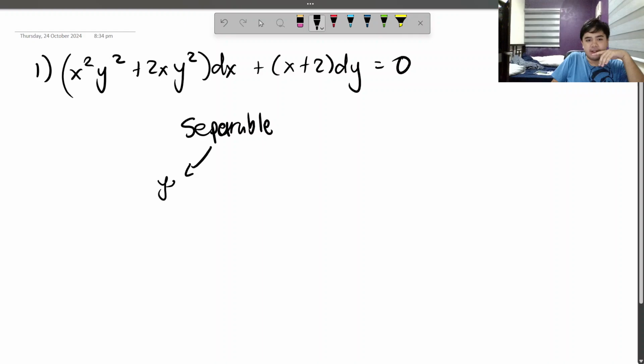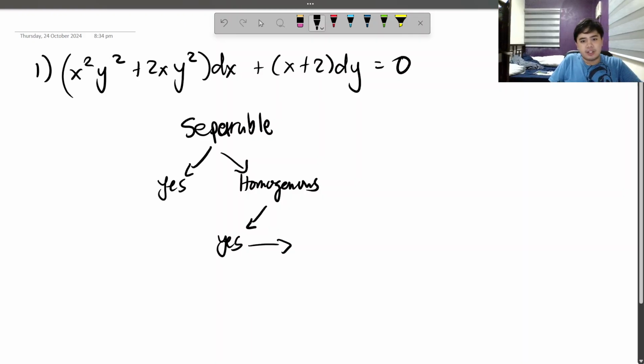If it's yes, then do that. If it's no, you go homogeneous. If it's not, it's probably linear. And if it's linear, well, you can do that.